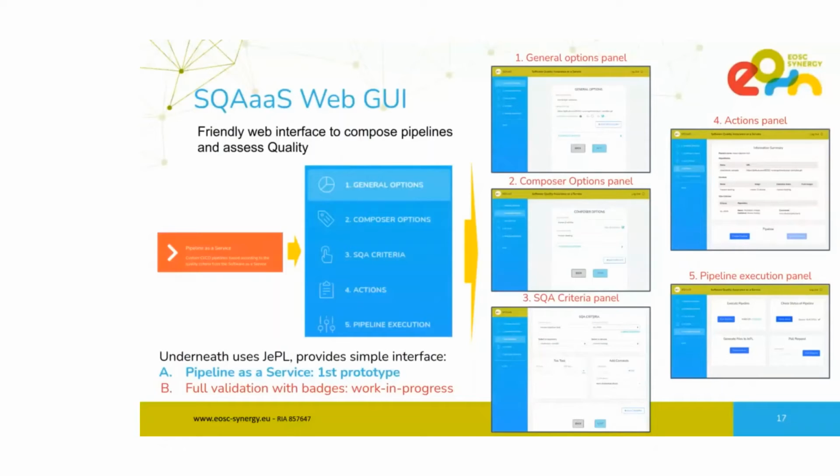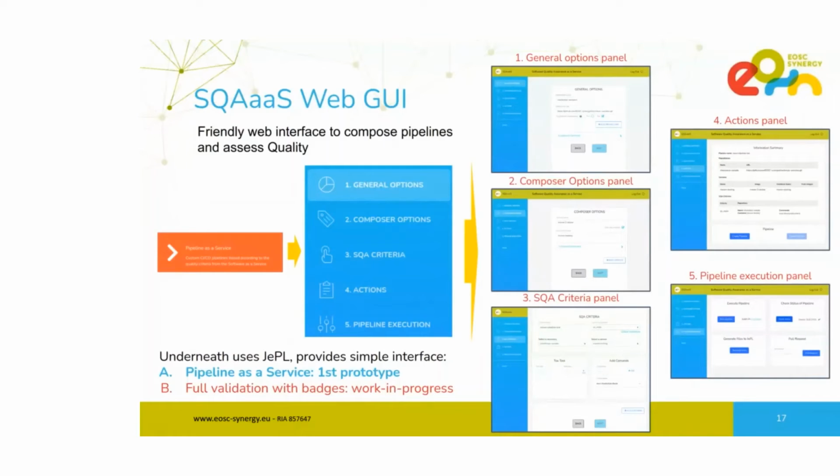Do you want to pull the Docker image for your testing from Docker Hub, or will you build it dynamically from a Dockerfile hosted in a certain repository? Then you describe which software quality criteria you want to include in this testing. And at the end, you get a set of files which you can include in your research software repository. You may also do a pull request to the repository directly from the web interface, and it is also possible to execute the pipeline.